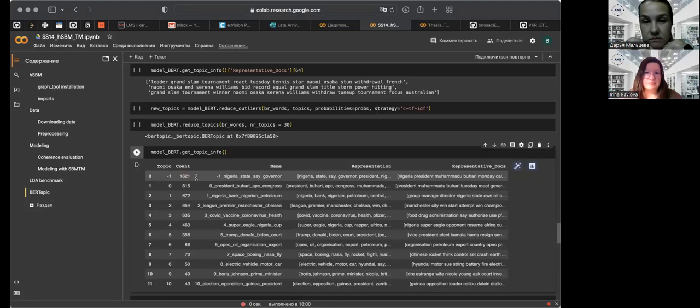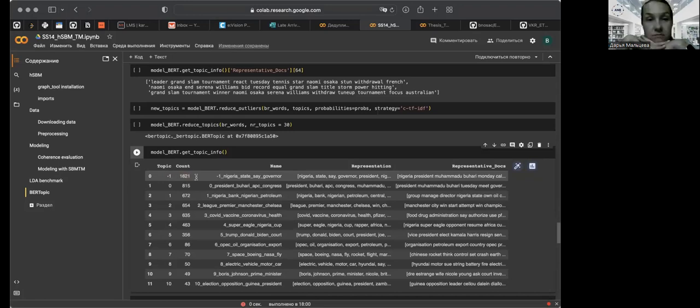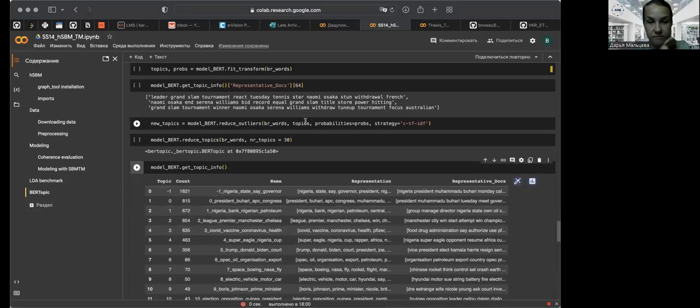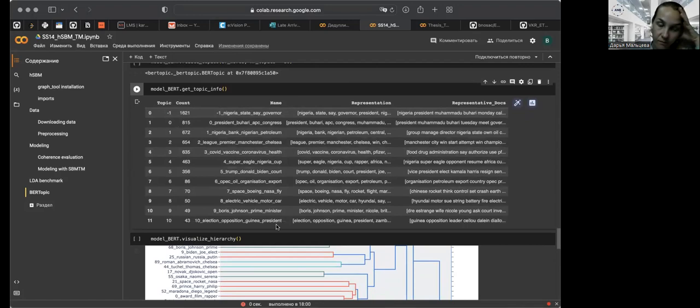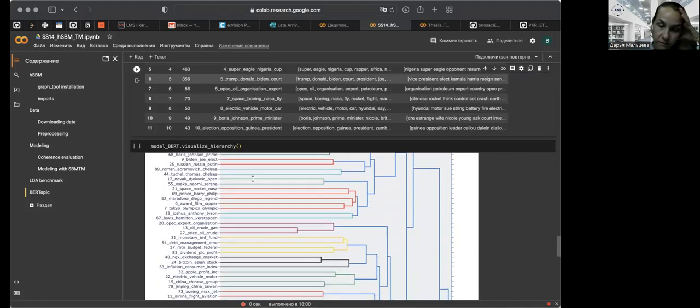And it so happens sometimes that the number of those outliers is pretty critical, so you would want to reduce that, and you can manipulate the strategy and the approach by which you reduce outliers according to your taste. You would then receive the overview of the topics that are created by the algorithm.